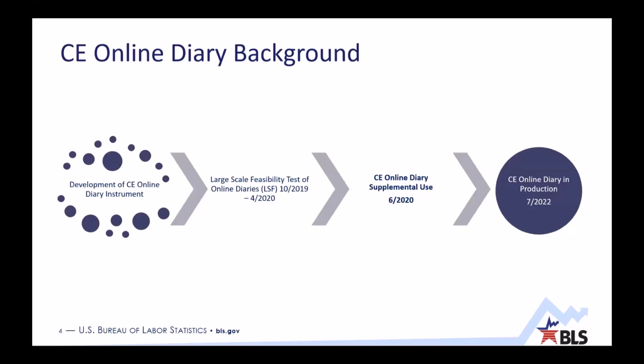This third step we didn't originally plan for in our online diary introduction, but in response to the Census Bureau's temporary halt on in-person visits during the early months of the pandemic, the Bureau of Labor Statistics made this online diary version available starting in June of 2020 to assist with data collection efforts. It remained in use until our official date of introducing the online diary into CE diary survey production, which was not until this last phase in July of 2022.